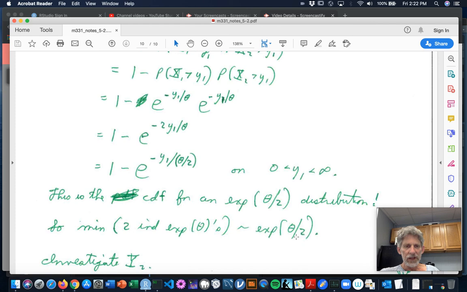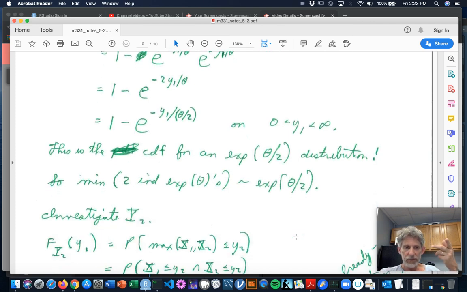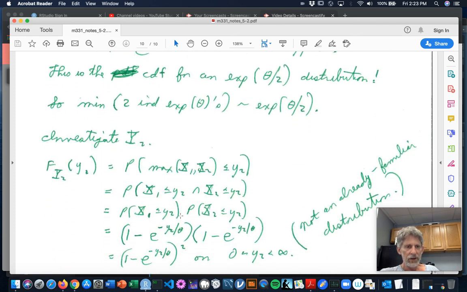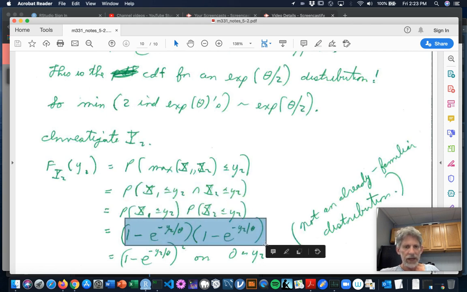So now let's investigate Y2, which is the maximum. We're looking for its CDF, the chance that the max is less than or equal to y2. We're looking for the probability of that intersection, which is the product of these probabilities, which by the formulas for the CDFs of exponentials is these things.